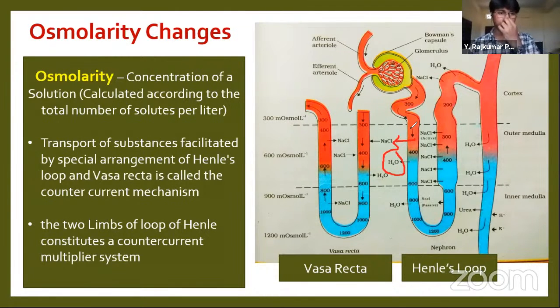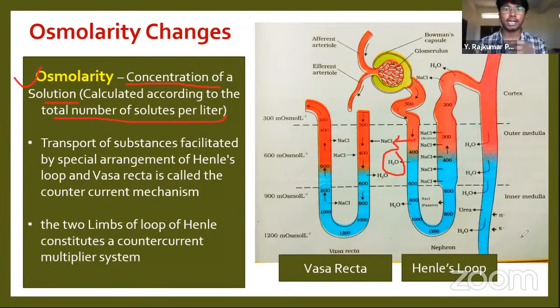Let me tell you what is meant by concentration. Here the definition of osmolarity is given. The concentration of a solution is calculated by the total number of solutes per liter. What is meant by solute here? I will tell you an example.